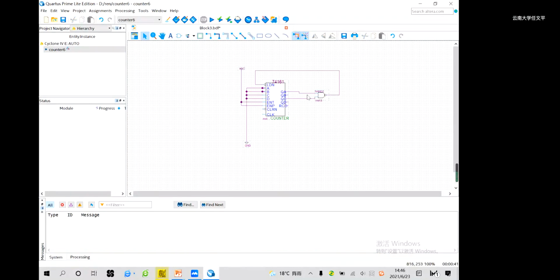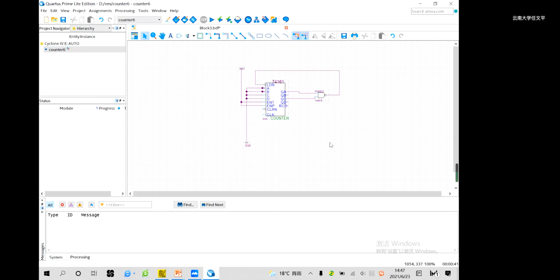This 0 produces the synchronous set data signal, so the counter comes back to the initial number 0000.